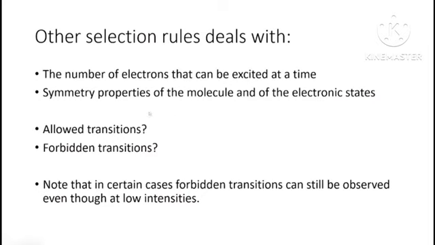So when you are looking at selection rules, we take the symmetry properties of the molecule into consideration. We want to see if the molecule has the ability to maintain its specific characteristics even when we have done some translations or modifications within the molecule.